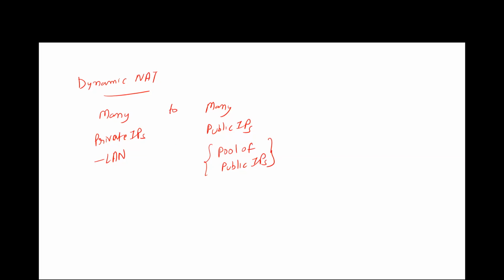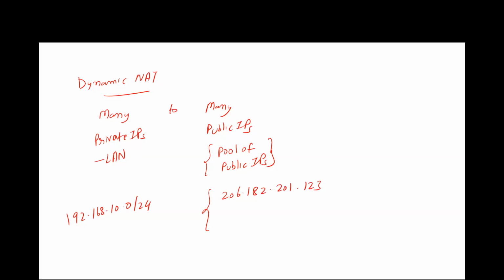Let's say for all requests coming from my LAN network, 192.168.10.0/24, I'll take up a pool of IPs, 206.182.201.123. 122 is already used on the firewall WAN interface, so I cannot use 122 again in NAT translation.